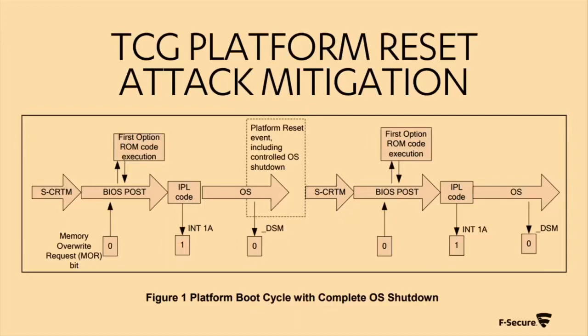So the realization is that if the computer crashes, then you never did this cleaning of the memory, so you need to have some other part do that for you. And that's what this bit is signaling. It's the OS telling the firmware that secrets are in memory. If you don't hear from me, then please wipe all of memory to be safe, right?